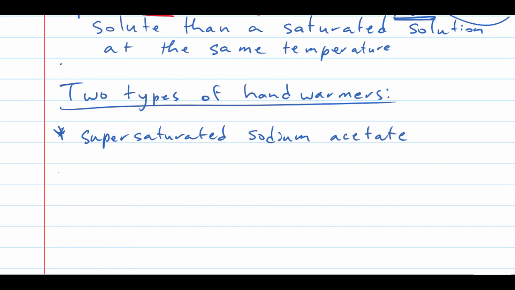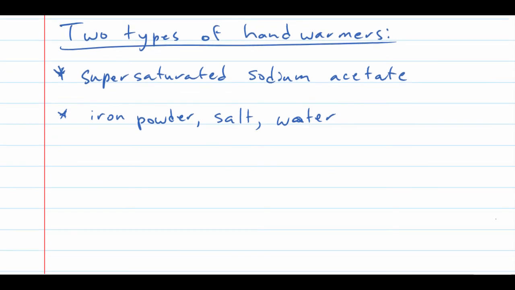And we have the other one that's going around here, and this one consists of iron powder, and then you'll also see it contains some salt and some water. That's kind of the three top ingredients that are in there. And then there's also some charcoal that's listed as well. And the charcoal actually prevents the odor from being too strong.